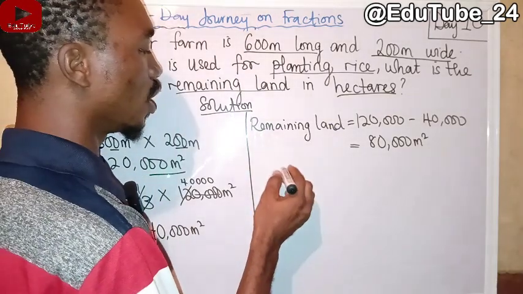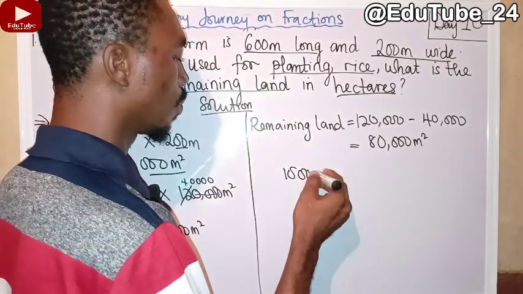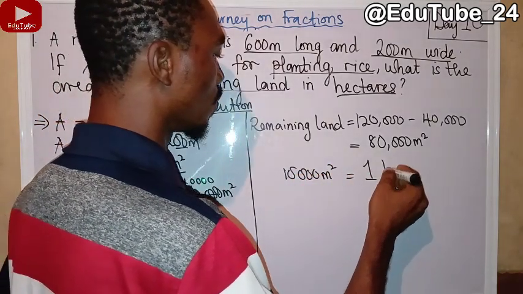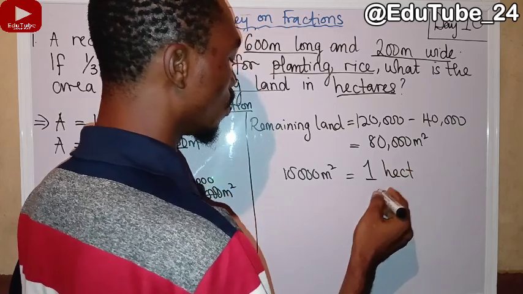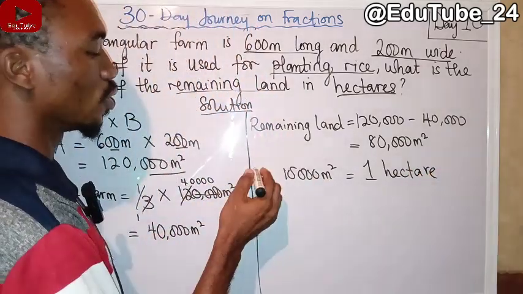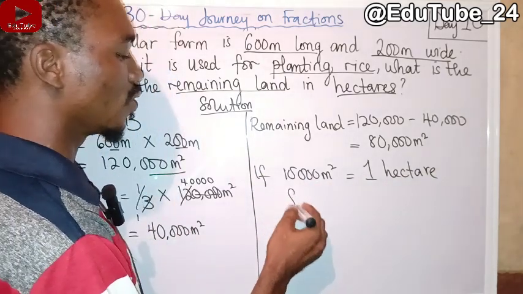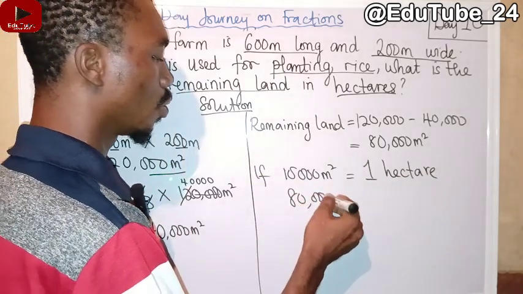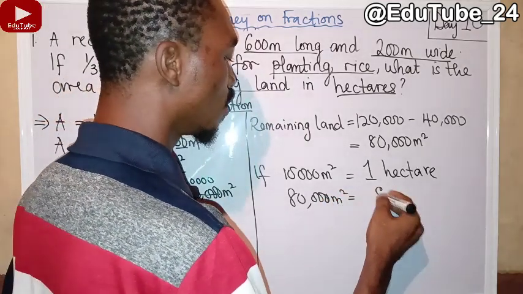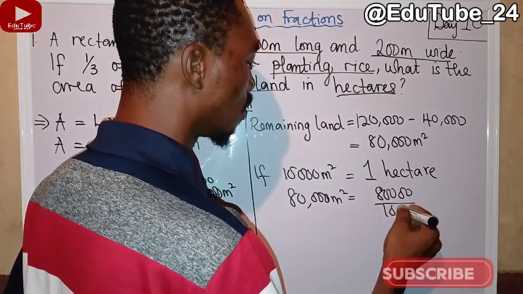The relationship between hectares and square meters is that 10,000 meters squared makes 1 hectare. So if 10,000 meters squared makes 1 hectare, definitely 80,000 meters squared will be 80,000 divided by 10,000.